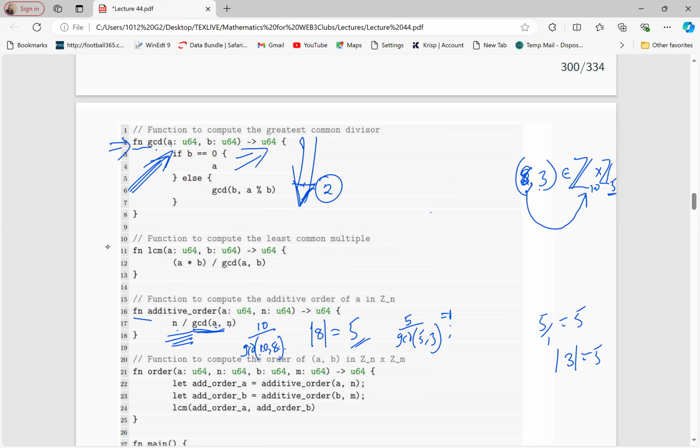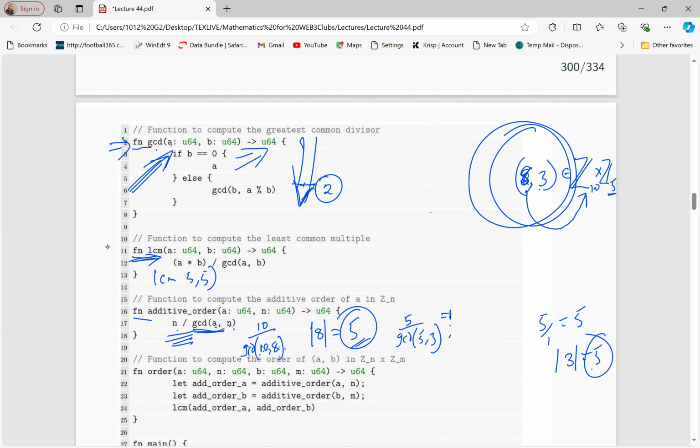Once this one has gotten the order of 8 and the order of 3, this one computes the order of the element we wanted, (8, 3). How does it do that? It knows that the order will be the LCM of the two orders, the LCM of 5 and 5.